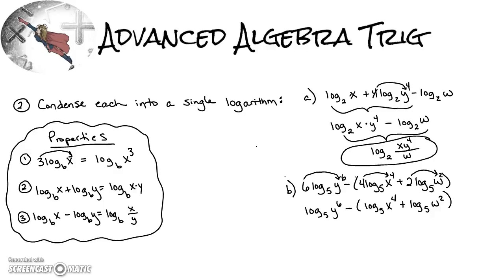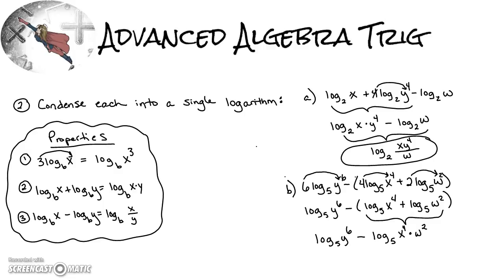Now, I would start with the parentheses, just like you usually would do in the order of operations. So inside the parentheses, there's adding. So we know that those two logarithms can become one logarithm if we multiply. So x to the 4th times w squared. So now we have the other stuff that was in front is still here. We don't need the parentheses anymore because I combined those two logarithms.